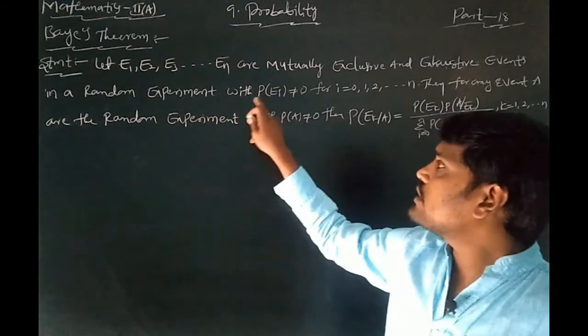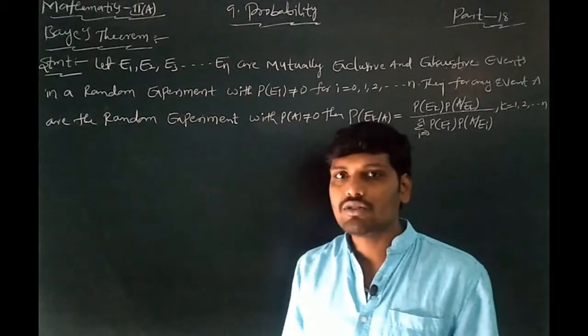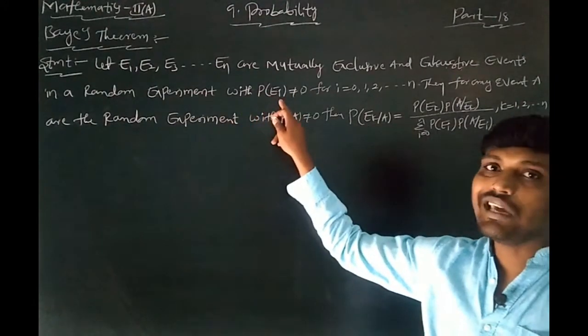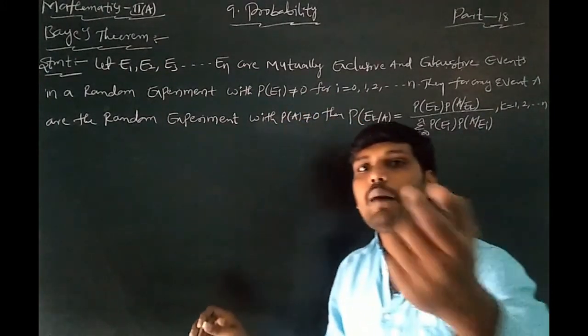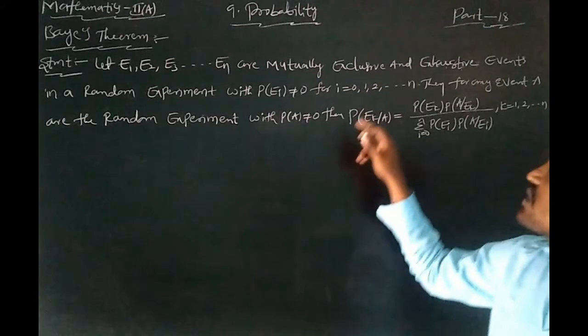Also, P of Ei is not equal to 0 for i equal to 1, 2, 3, and so on up to n.